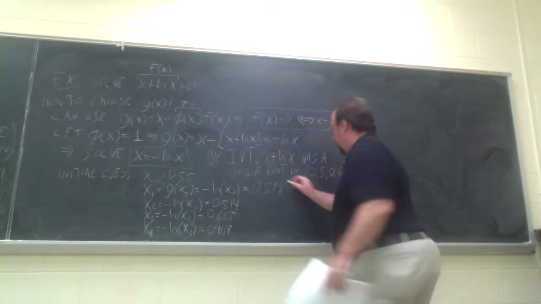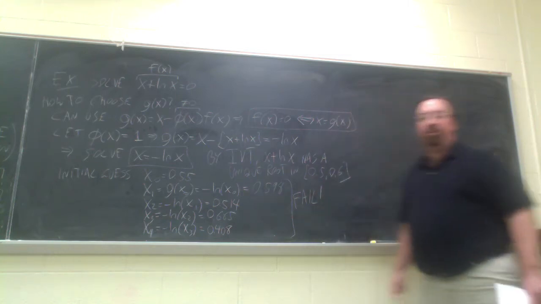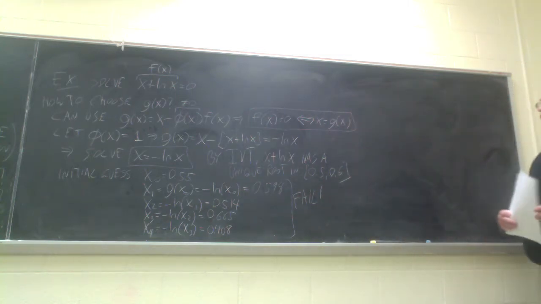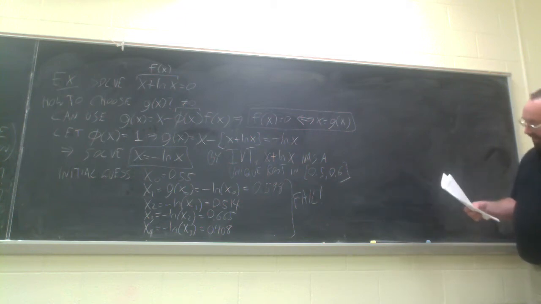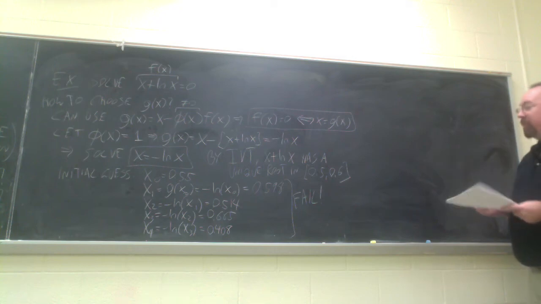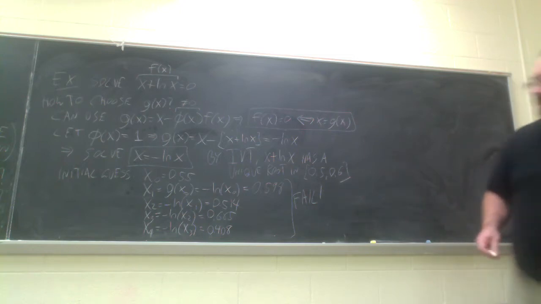So what's happening here is the iteration fails to converge. This is a bad choice of g. It seemed like the most obvious choice, but it shows why we need to be careful. So we need to take a closer look at what's going on here to figure out why this iteration failed to converge and what we can do about it.